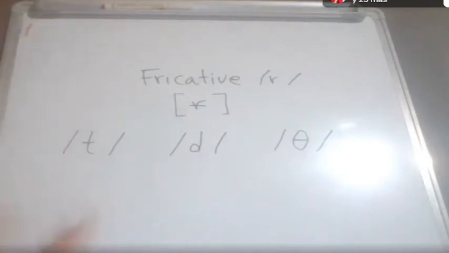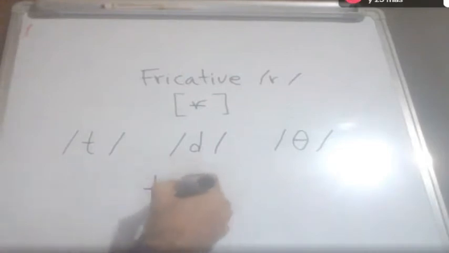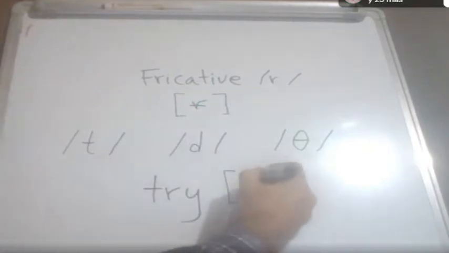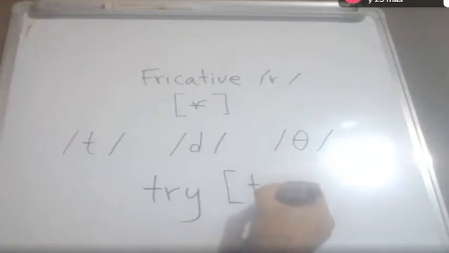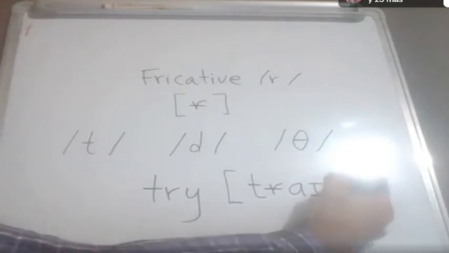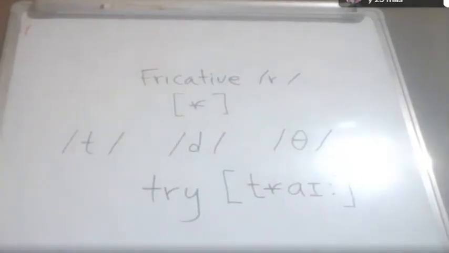So in this case, you will transcribe, for example, the word try as, okay, try. Remember vowel length at the end of the word. As you know, the vowel sound at the end of the word gets longer. So here we have that fricative, try.